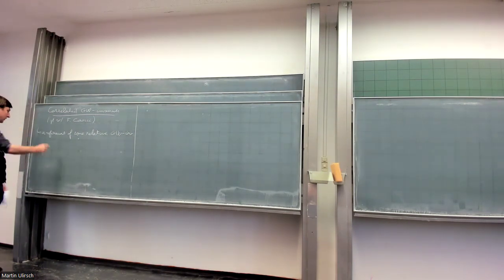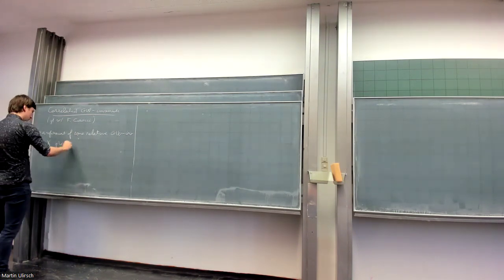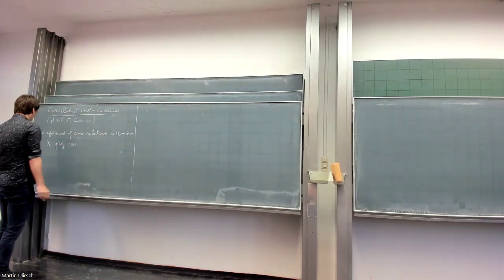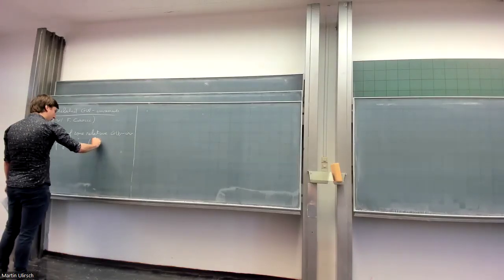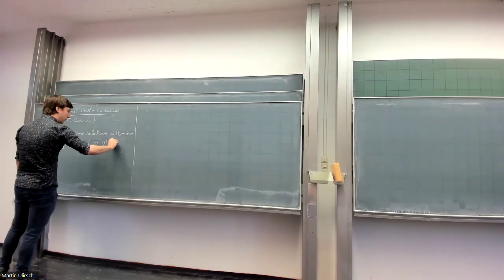So what is the setting? We consider X a smooth projective variety, with, and this will come in a moment, positive irregularity.